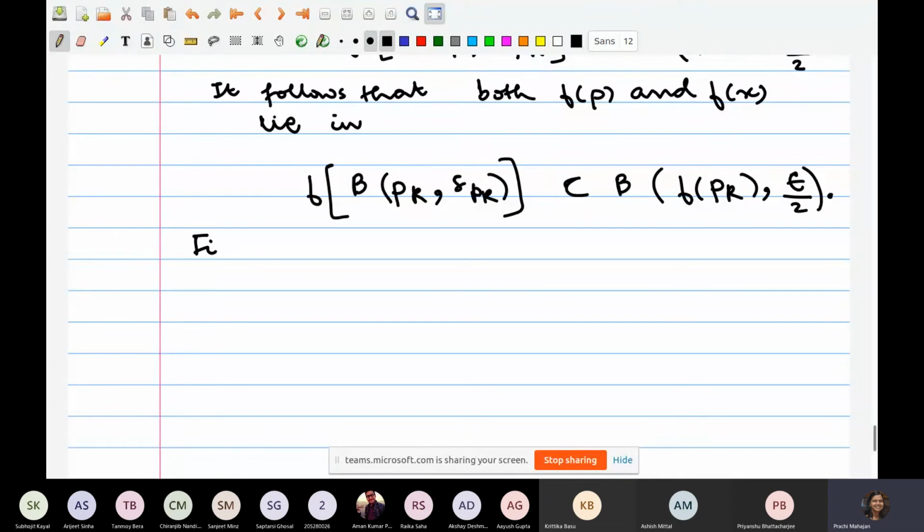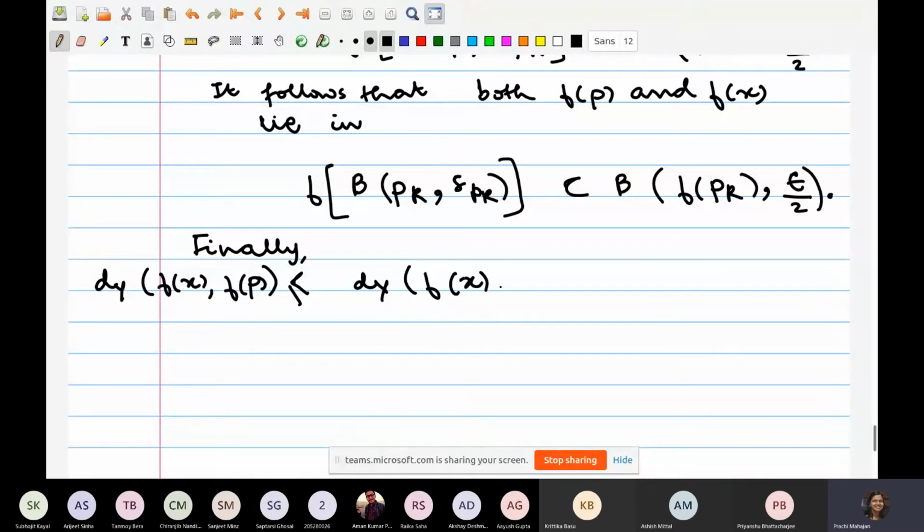Finally, the distance in y between Fx and Fp. Again, I'm going to apply the triangle inequality and say that this distance is less than or equal to the sum of the following two distances: the distance between Fx and Fpk, and the distance between Fpk and Fp.